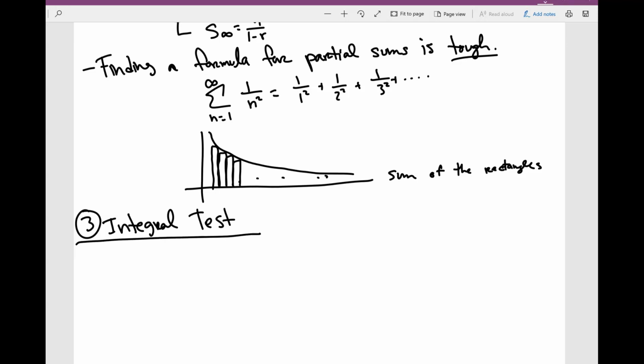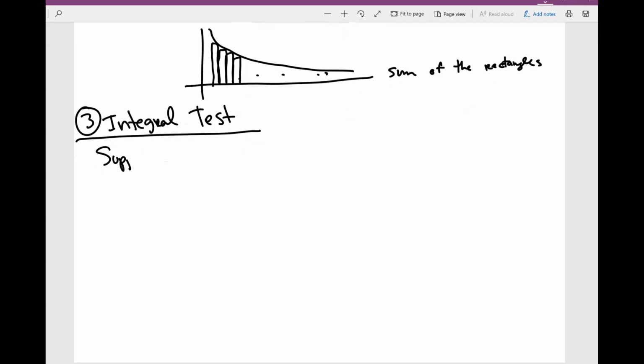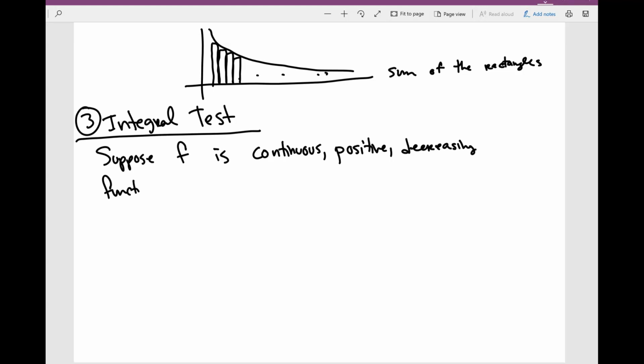This is what the integral test says. Suppose f is a continuous, positive, decreasing function on the interval from 1 to infinity, and let a sub n equal a function f of n.